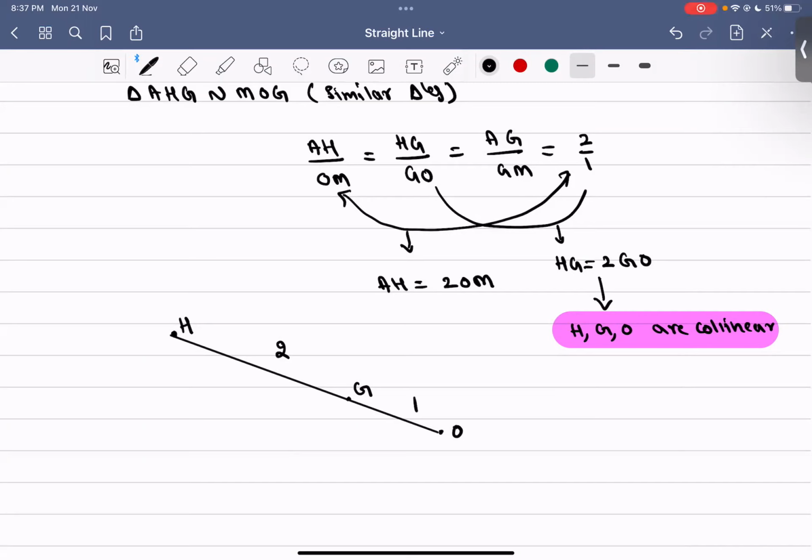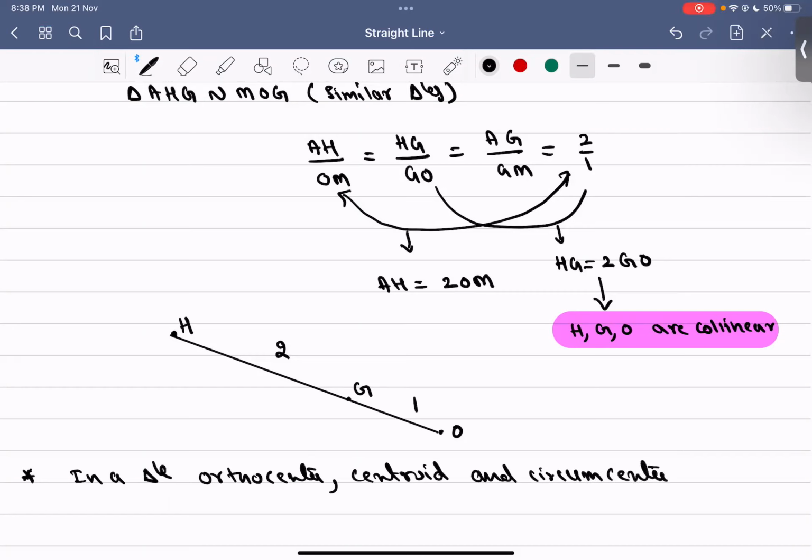Therefore, we will write one note. In a triangle, orthocenter, centroid and circumcenter are collinear.